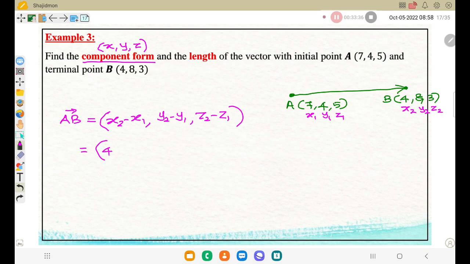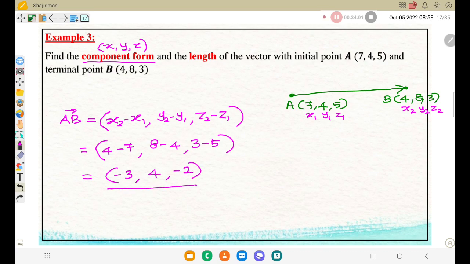X2 means 4 minus 7, y2 minus y1, 8 minus 4, z2 minus z1, 3 minus 5, correct? I hope you understood how to do that. Now, what is the answer we are getting? 4 minus 7 means minus 3, 8 minus 4 is 4, 3 minus 5 is minus 2.